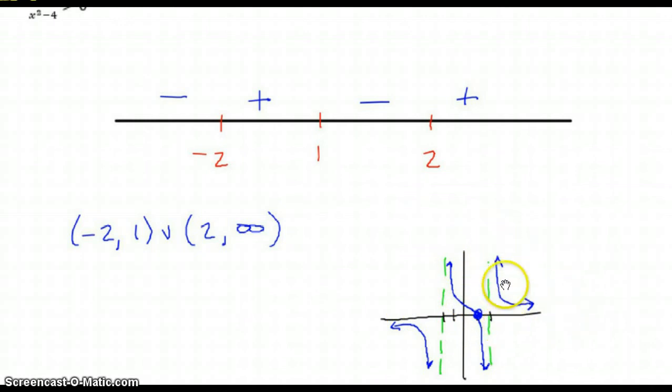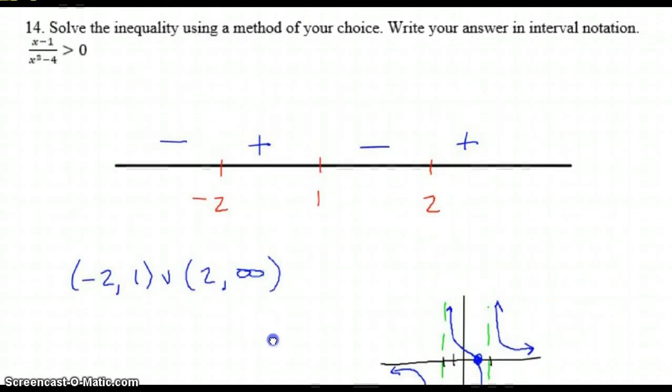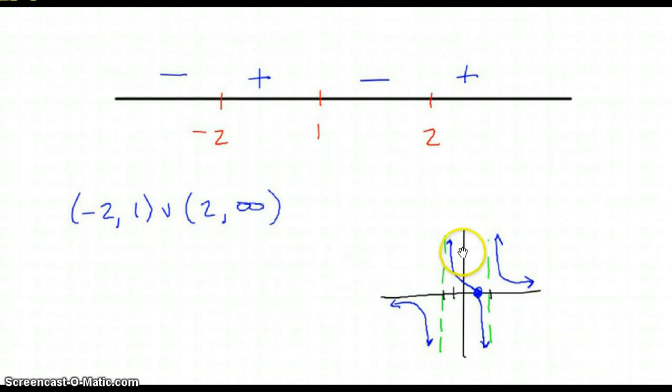By plugging in x values, you know what the y values are doing, and so that visual might help you understand where you're actually in the positive. What x values will result in y values that are positive. So clearly we can see up top here we're in the positive. That's from -2 to 1, and from 2 to infinity.